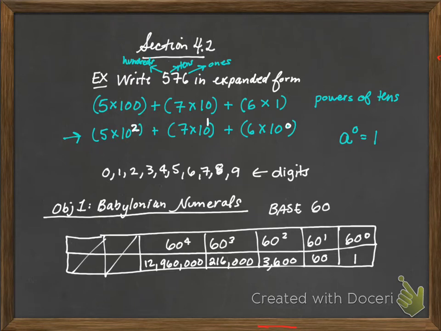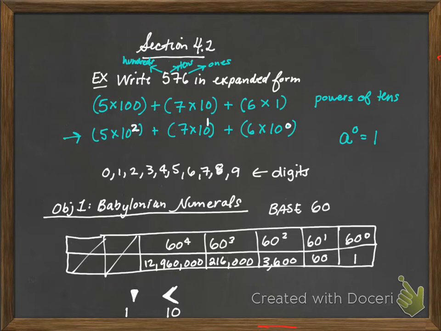The other thing we have to know about the Babylonian numeral system, besides it being base 60, is that they used a couple of symbols. They used this symbol here, which I call a spike, and I have nicknamed this other symbol a boomerang. A spike is equivalent to 1, and a boomerang is equivalent to 10.